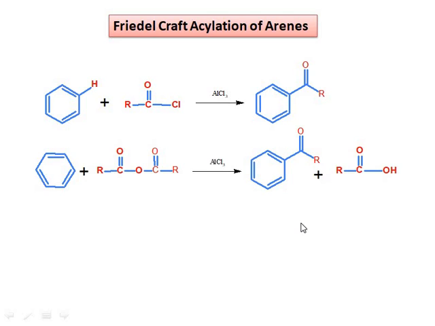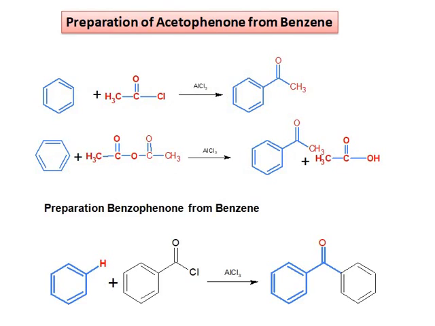Then the next reaction we have seen is the preparation of acetophenone from benzene. The benzene ring or benzene compound can be treated with acetyl chloride. Then what happens?